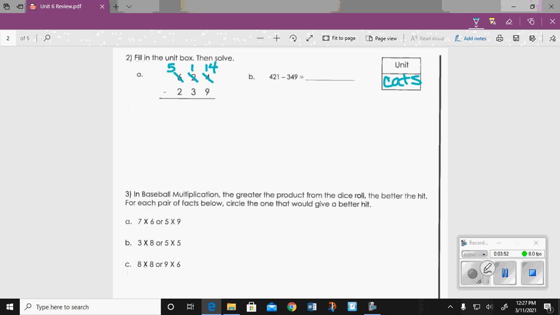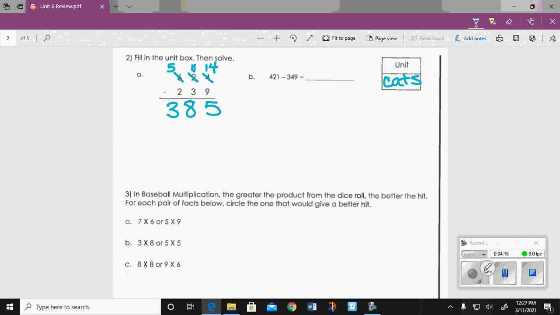So I'm going to take one group of 10 away, bring it over here, so now I have 11. And if I check with my 100s, they're fine. So now let's go back and subtract. 14 minus 9 is 5. 11 minus 3 is 8. And 5 minus 2 is 3. So my answer is 385.